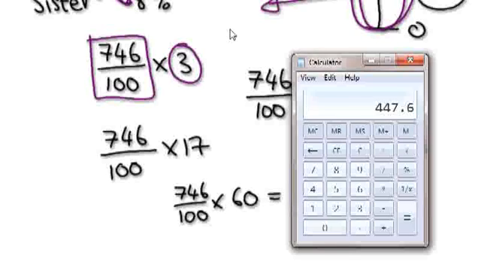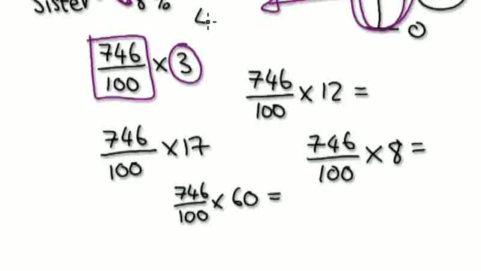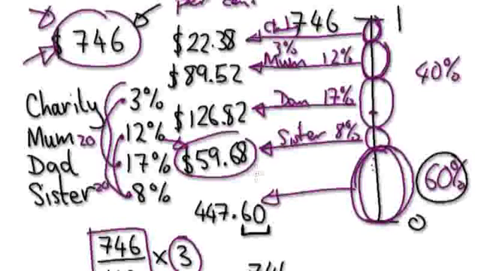447.6. We normally have 2 decimal places because we're working with money, so in this case it would be cents. So this is $447.60. That's how much is left for you.